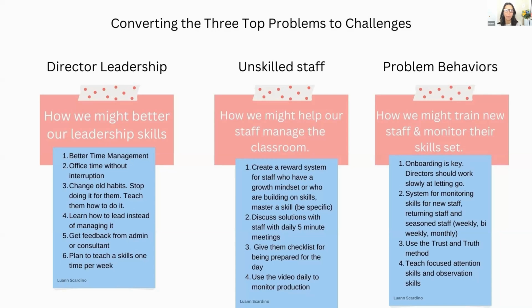We're saying, how might we better our leadership skills? Meaning we have good skills, but we need to better them. How might we help our staff manage the classroom? They're managing it. And if we've got 60 employees, we have 60 staff, everybody's doing it on a different level. So how might we help them manage it better? And then how might we train new staff and monitor their skill set?